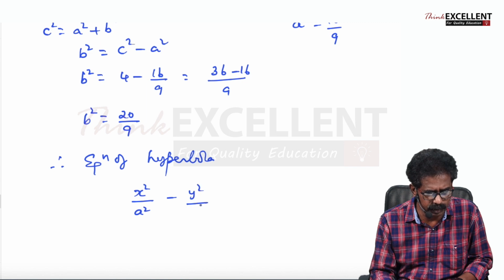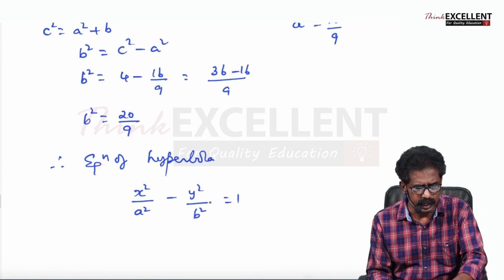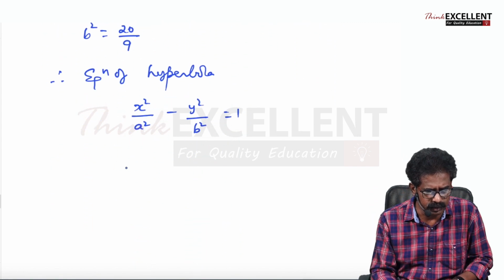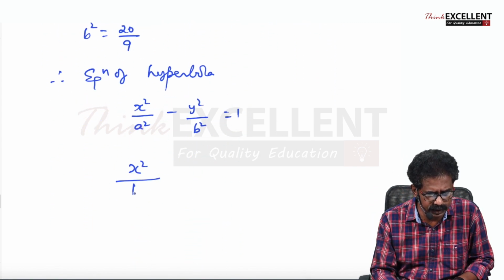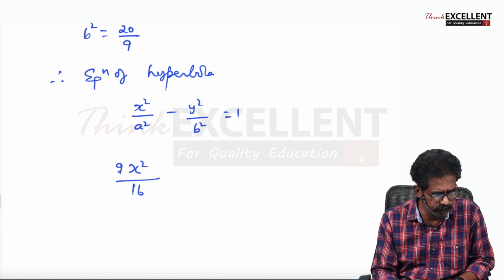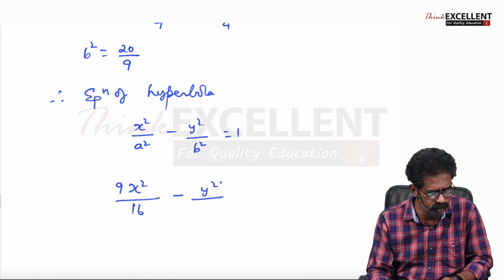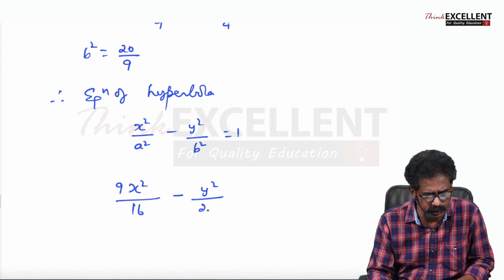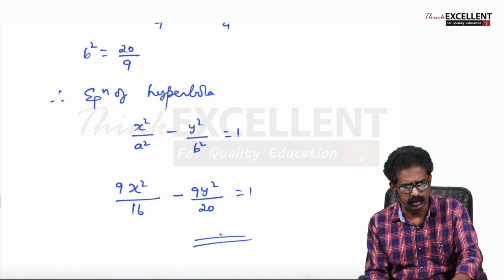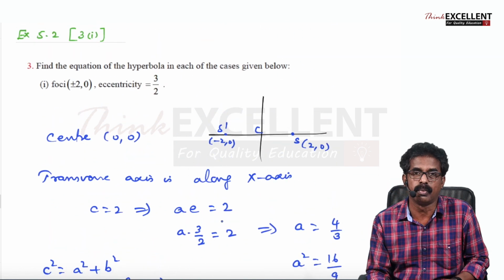So a square value is 16 by 9, so x square by 16 by 9, that 9 goes up, minus y square by b square. What is the b square value? 20 by 9, it goes up. So equal to 1. Like this you can frame the equation of hyperbola.